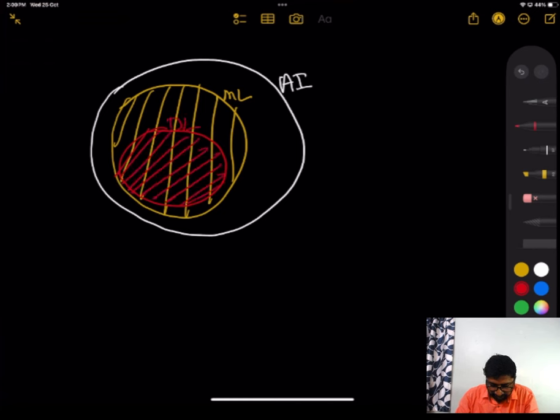Most of us know the relation between artificial intelligence, machine learning, and deep learning. But the question arises: do we know an example which is AI but not machine learning? That means this part.